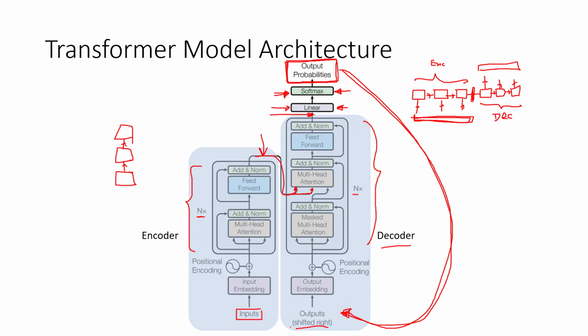It is something like this. So you start with empty outputs. First you give the inputs from the Japanese language, for example a certain sentence, and we give as outputs first the start token.